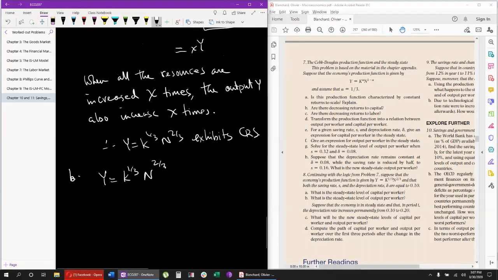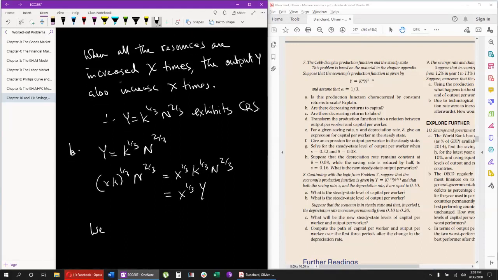Well, let's figure that out. Suppose we increase k by x times once again. X can be 3, 4, 5, 6, any real number. So we're increasing k by x, but we're doing nothing to n. What will that give us? x to the power 1 by 3, k to the power 1 by 3, n to the power 2 by 3. So x to the power 1 by 3, y.